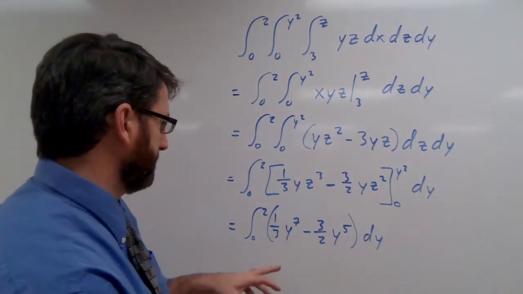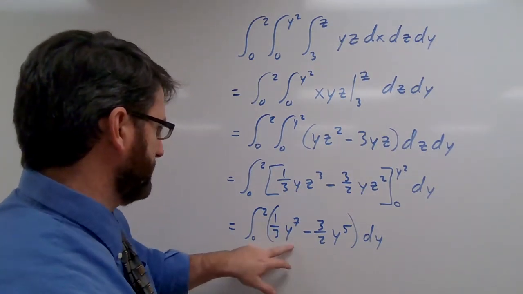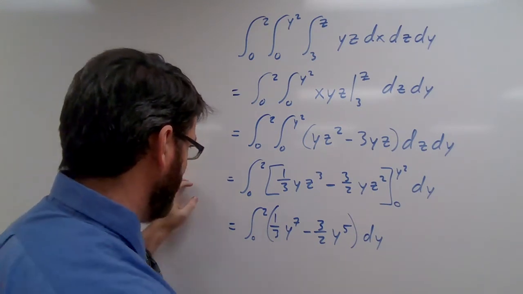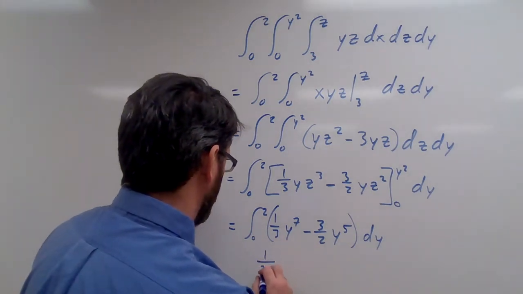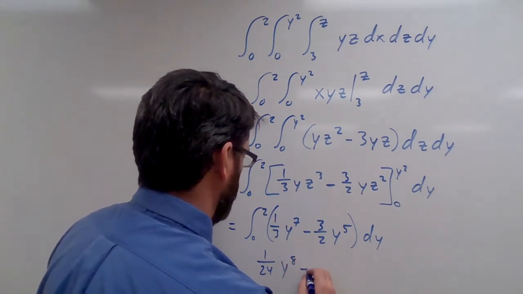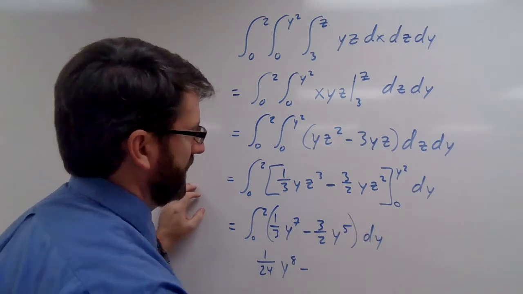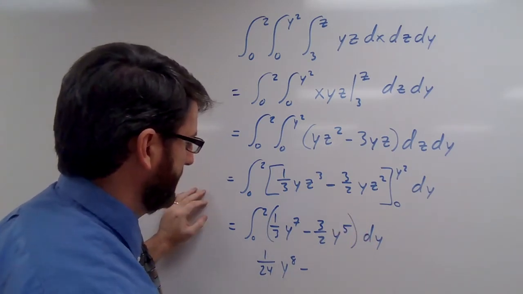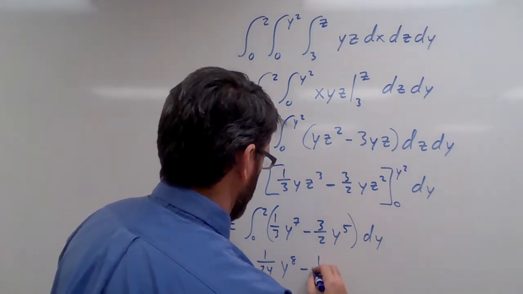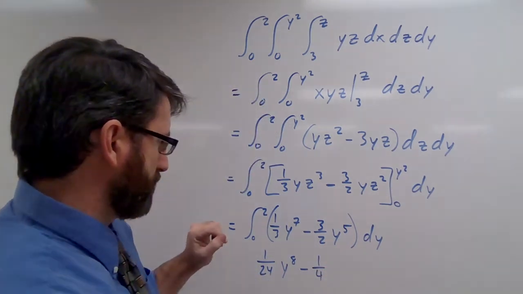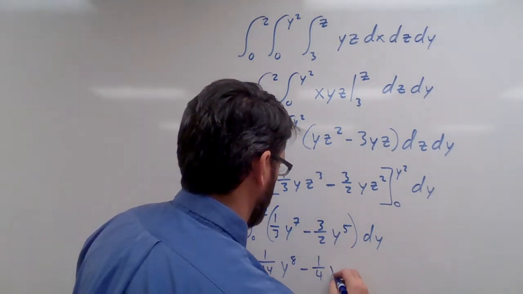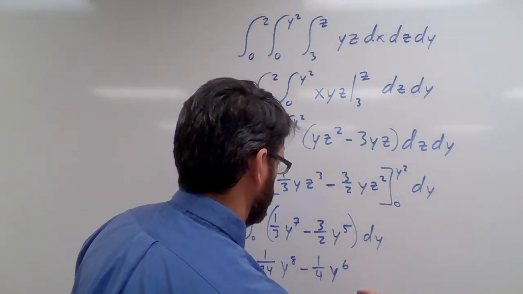And last, the integral here with respect to y. This is now y to the 8th divided by 8, so that's 1/24 y to the 8th, minus y to the 6th divided by 6, so that's going to be 1/4 y to the 6th.